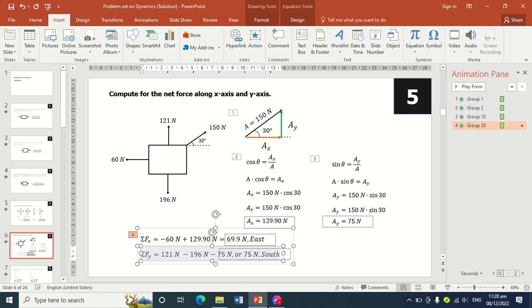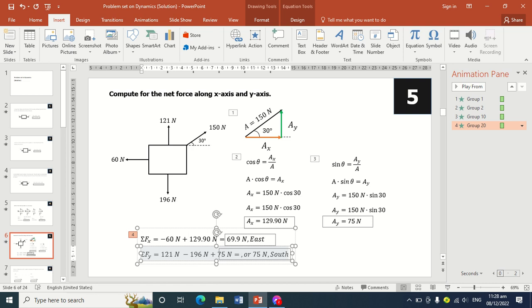I need to add the 75 since the AY is directed upwards. So we have just a mistake here. Let me add 121 with negative 196, and then I have to add the 75, which is the value of AY I just computed.